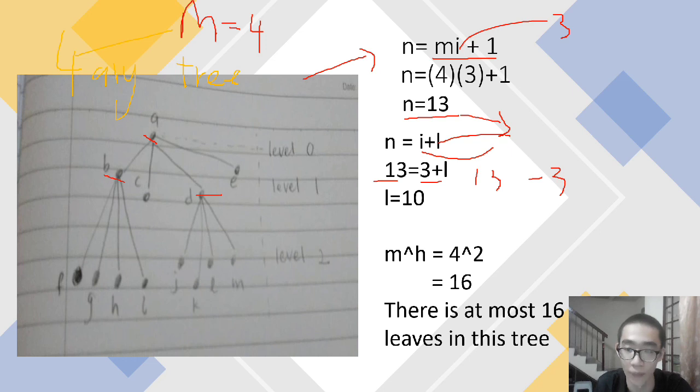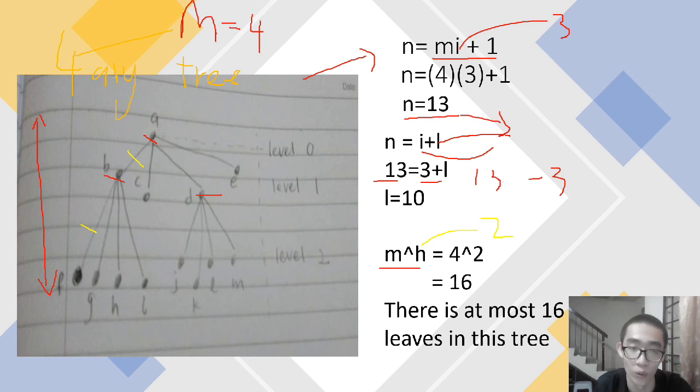And it will have a maximum number of leaves of m to the power of h, where h is from A until F. It has 2 edges connected, so h will be equal to 2. So 4 squared equals 16.